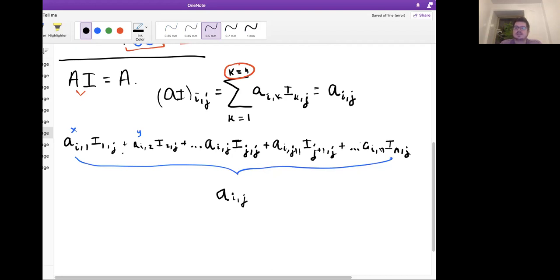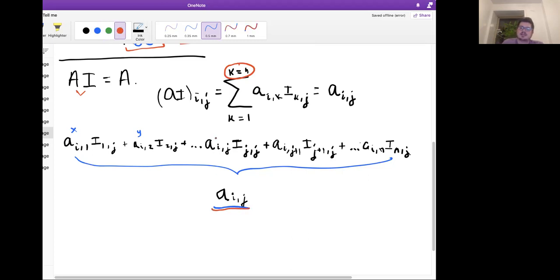Unless what? So if this is all summed up to Aij, and if you imagine everything else as variables, what do you think the entries of I would need to be to even make that possible? First of all, do you see an Aij in the big sum?